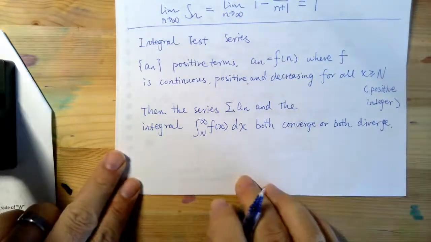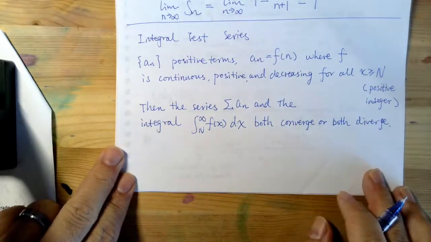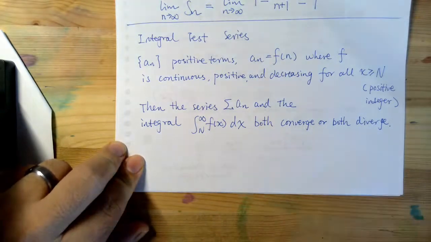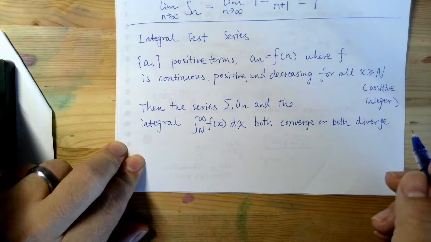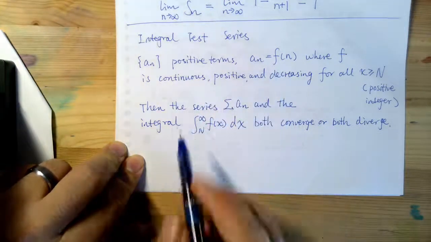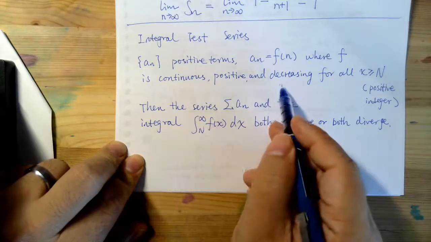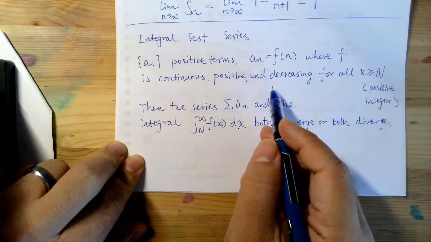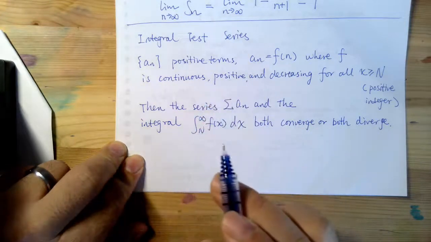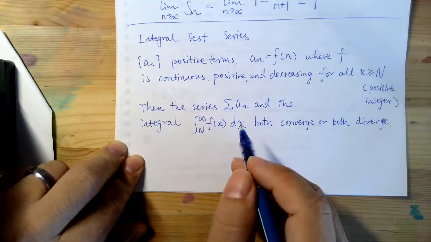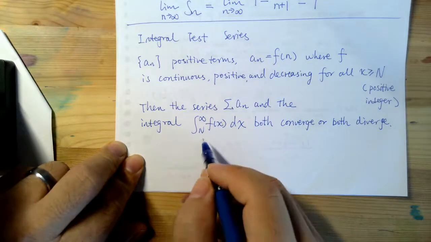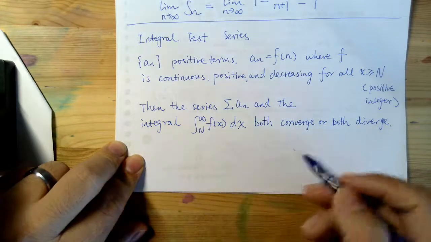Okay, so this is the brief integral test. The idea is as long as the corresponding f function is continuous, positive, and decreasing, then to check whether the given series converges or diverges, it's equivalent to check whether the corresponding integral converges or diverges.